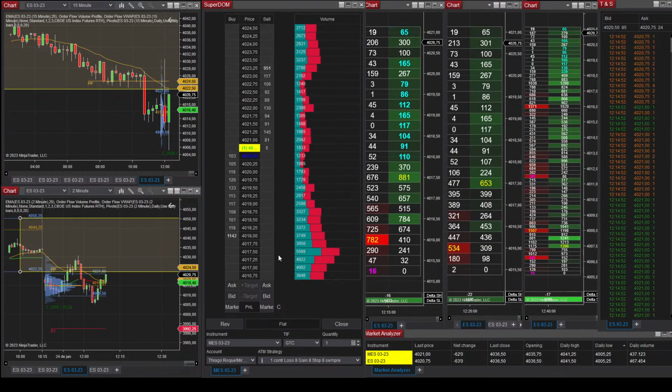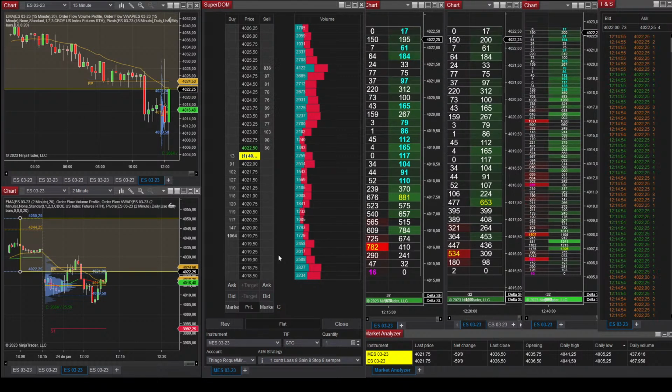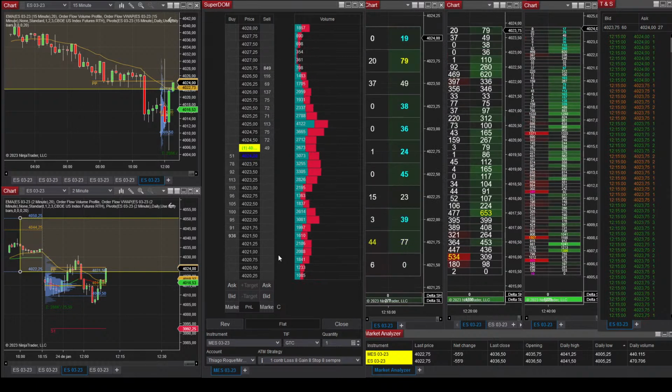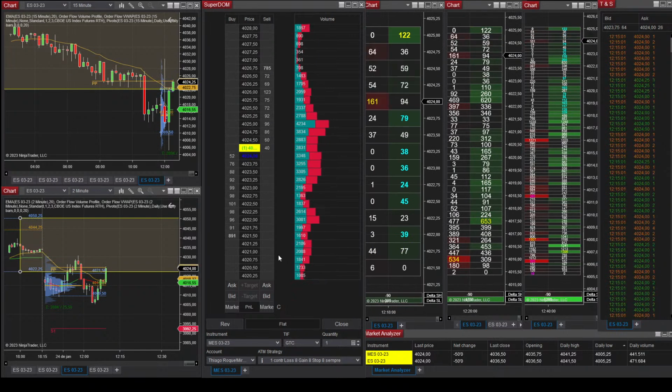Now we had the breakout. Let's see whether it's going to pass.